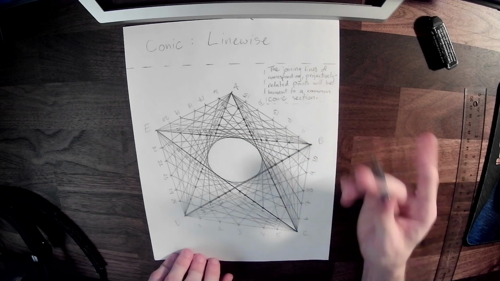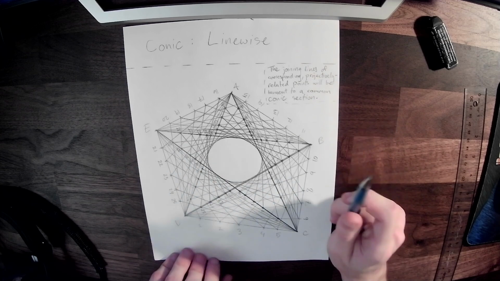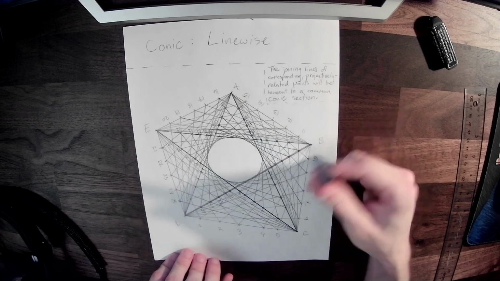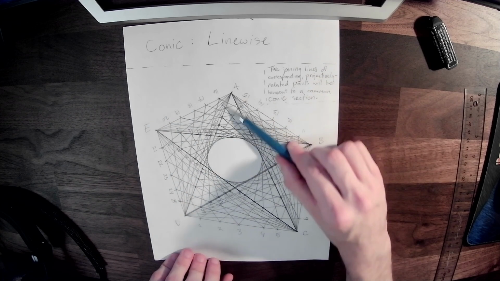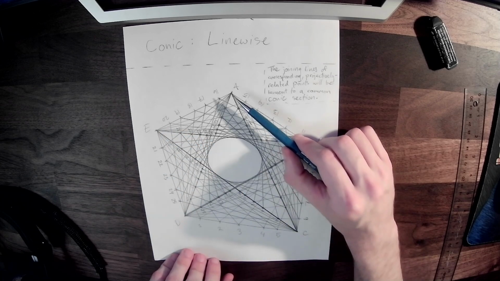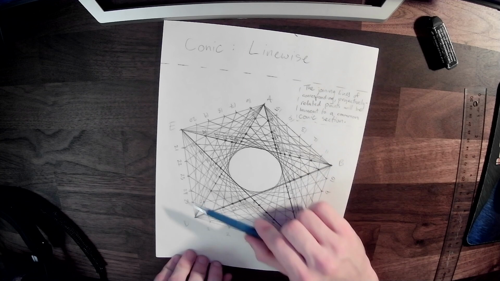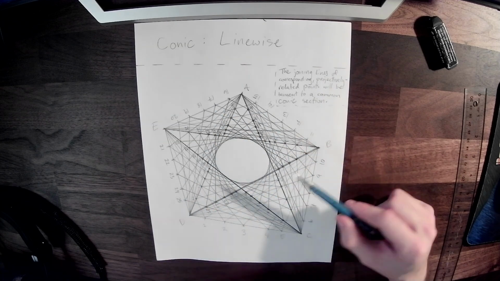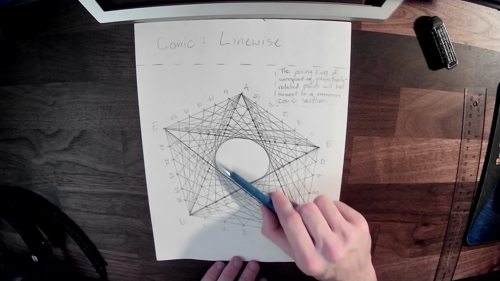Coloring. So what I would want you to do coloring-wise is either with color or with ink, draw over the lines of the pentagram or the star, and then also the outer lines of the pentagon. So those lines should be in color. And then I would like you to bring out the curve somehow.